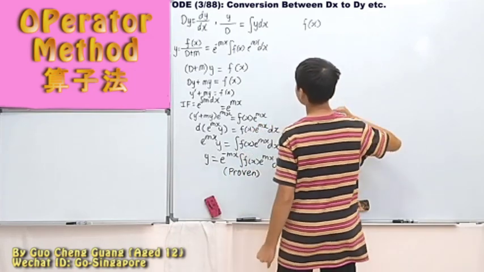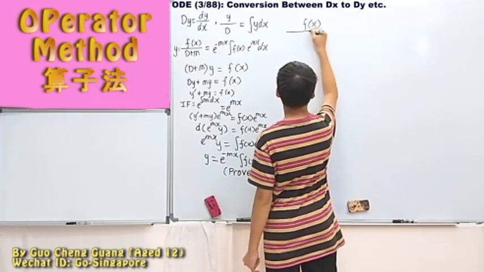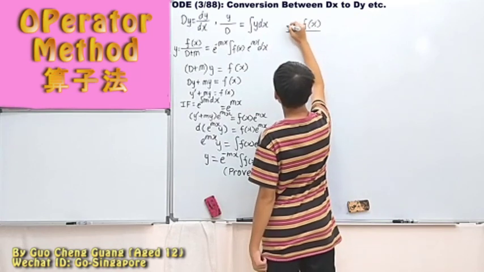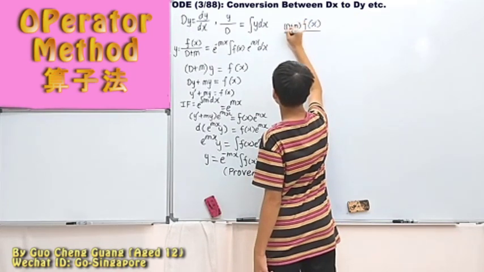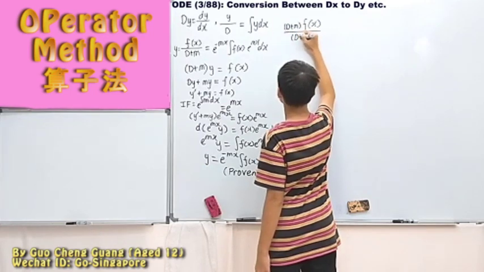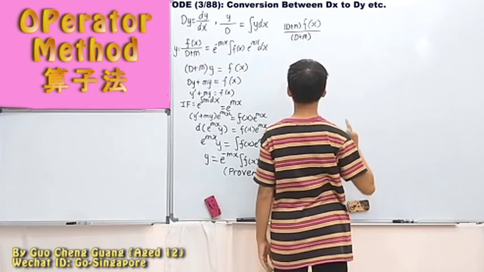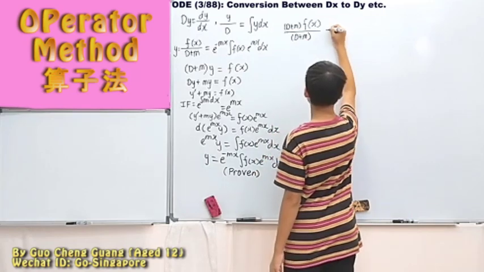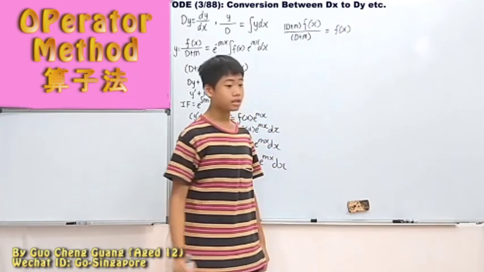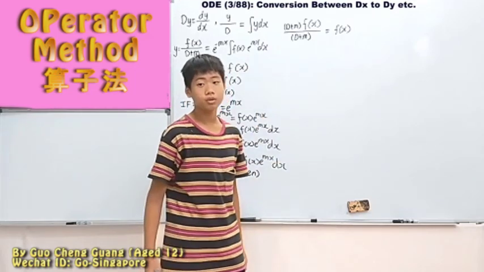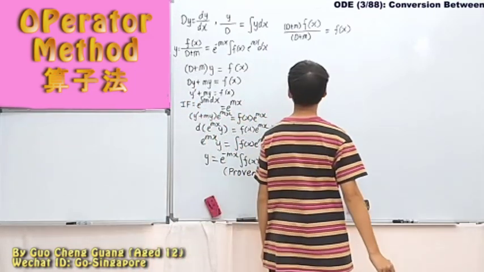Okay, then what if we had d plus m on the numerator and d plus m on the denominator? Would this change still cause it to be equal to f(x)? Would this change be possible?